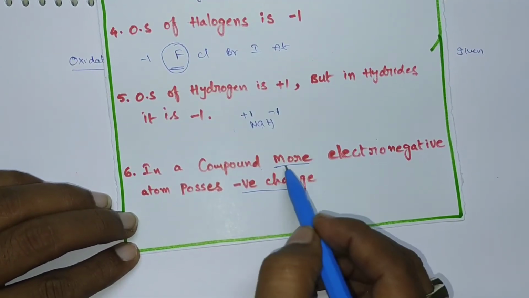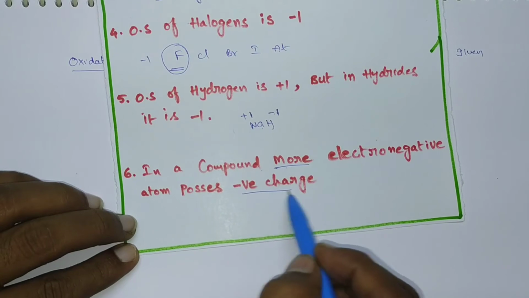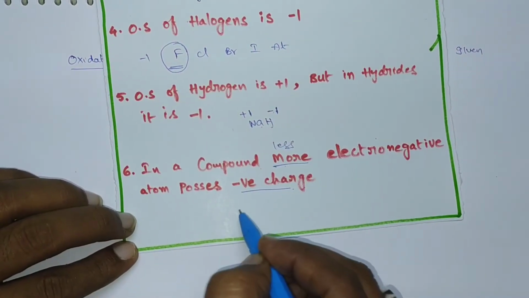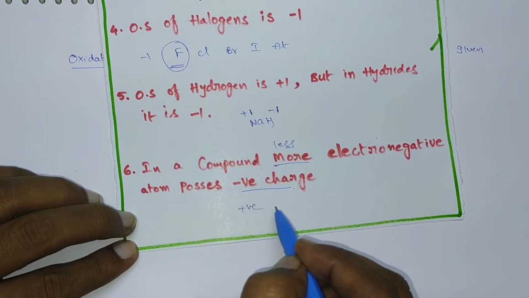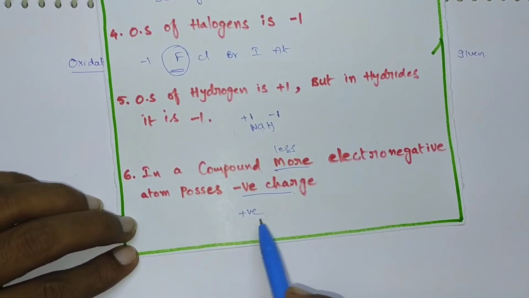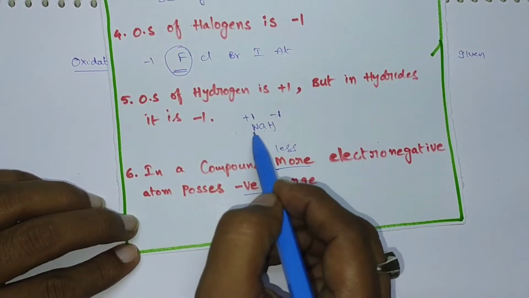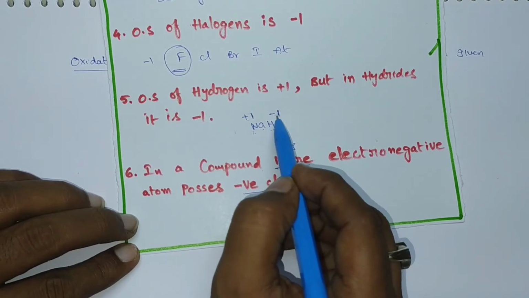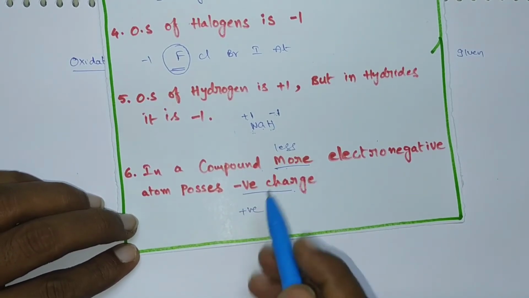In any compound, the more electronegative element possesses negative charge and the less electronegative element possesses positive charge. Here sodium is the less electronegative element, that's why it possesses positive charge, whereas hydrogen is the more electronegative element, that's why it possesses negative charge.